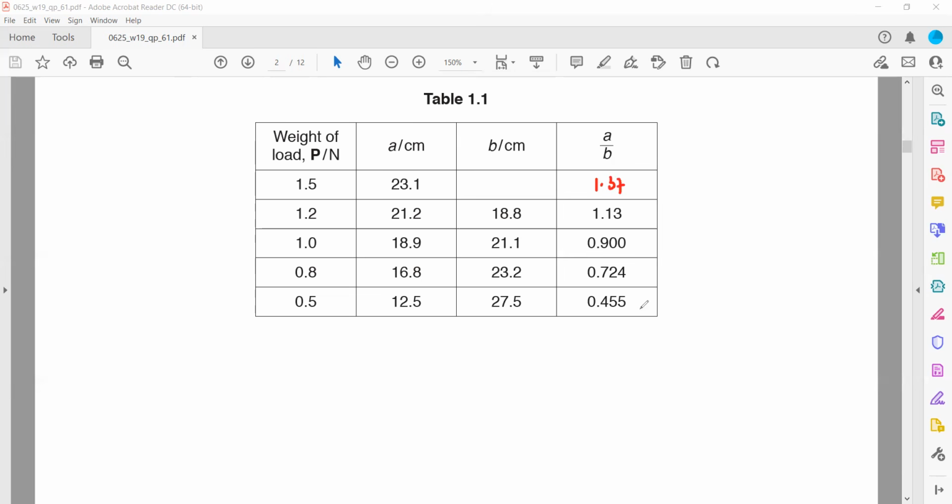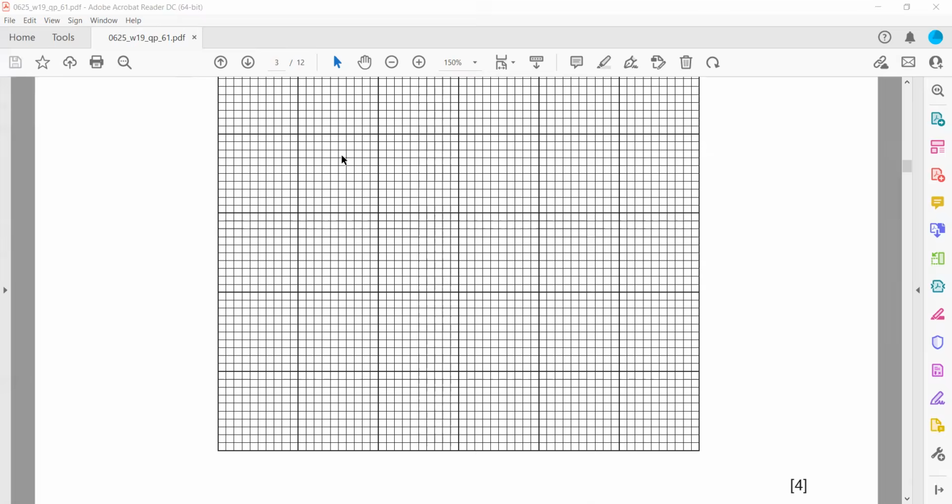The minimum value of A over B is 0.4 and the maximum value is 1.37, about 1.4. And for the load, the minimum value is 0.5 and the maximum value is 1.5.